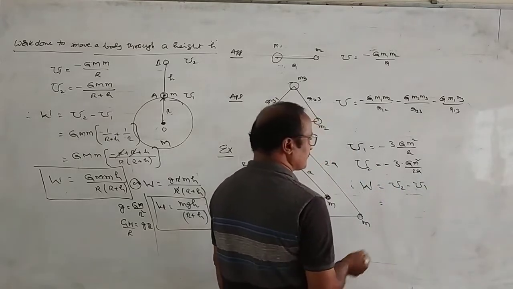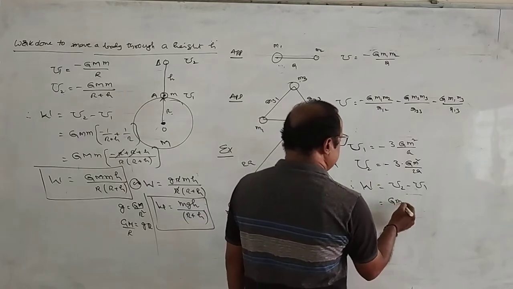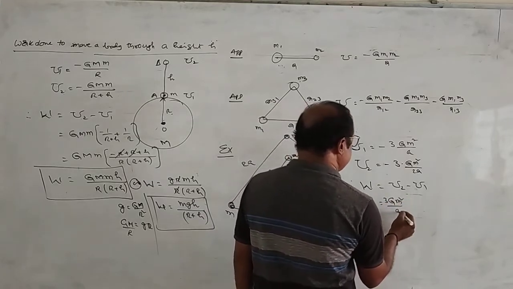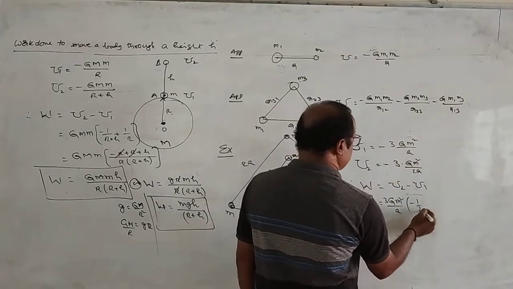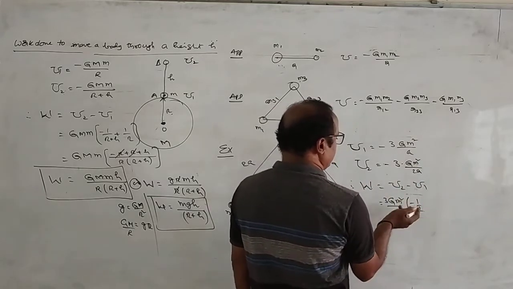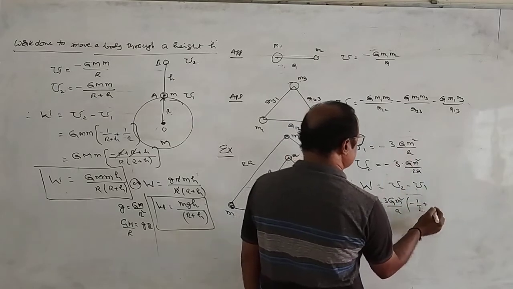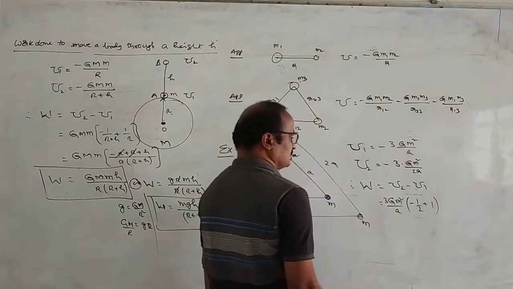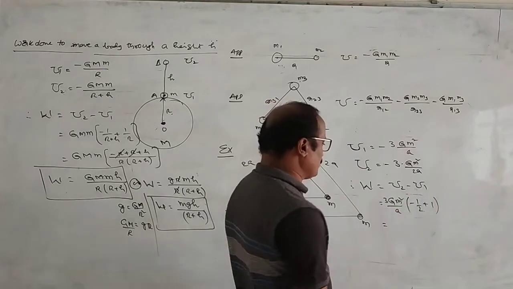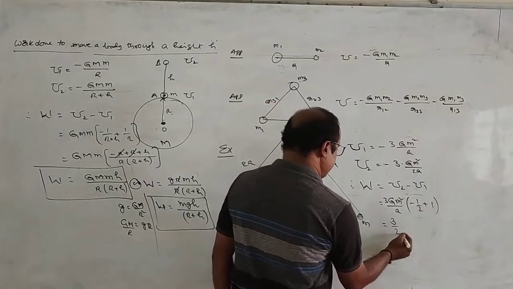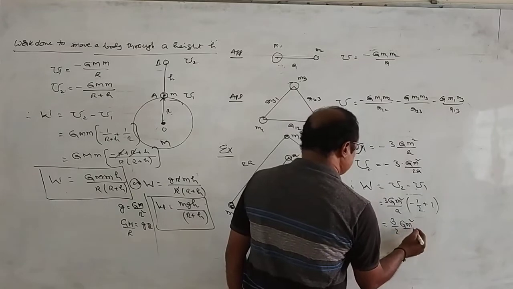That is 3 G m square by a common, and U2 by what? Minus 1 by 2. Minus of minus becomes plus 1, so that is minus 1 by 2 plus 1, which means 1 by 2. That means 3 by 2 into G m square by a.